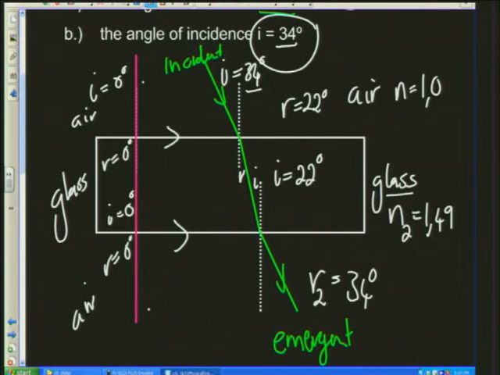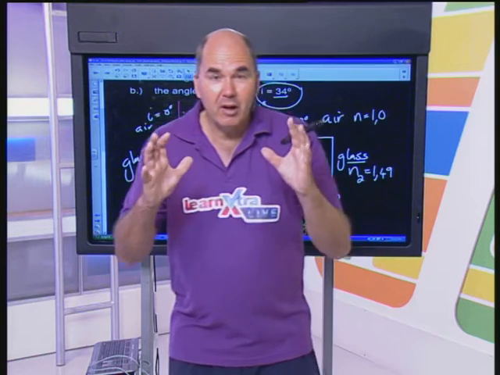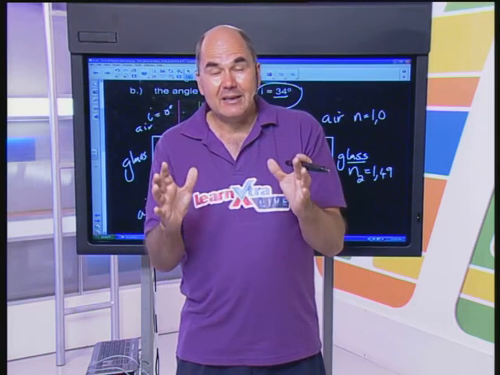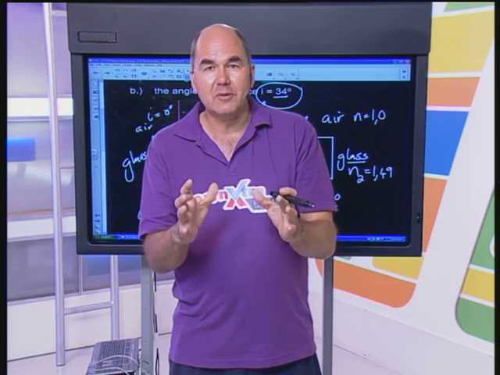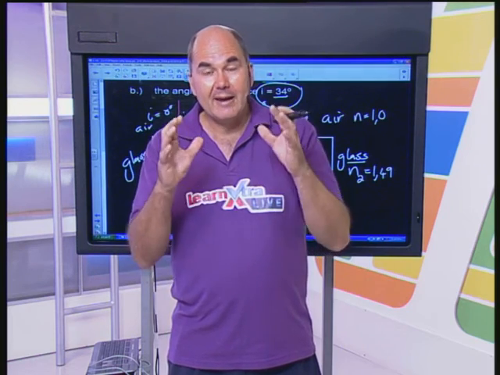So what happens? It bends towards the normal, and then it bends away from the normal, where that is R2, and that's I2. That's the parallel block.